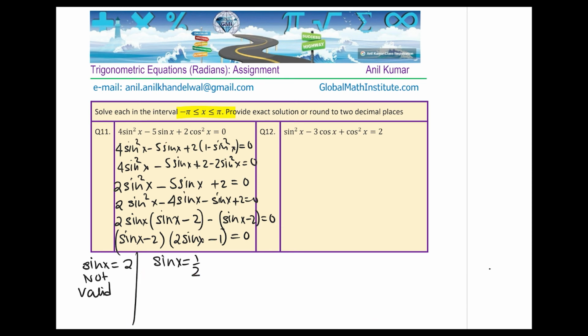So within the interval of minus pi and pi, we're looking for solutions in this direction and in this direction, correct? So sine x is half in quadrant 1 and 2, and therefore we do have two solutions. We'll use the same triangle.